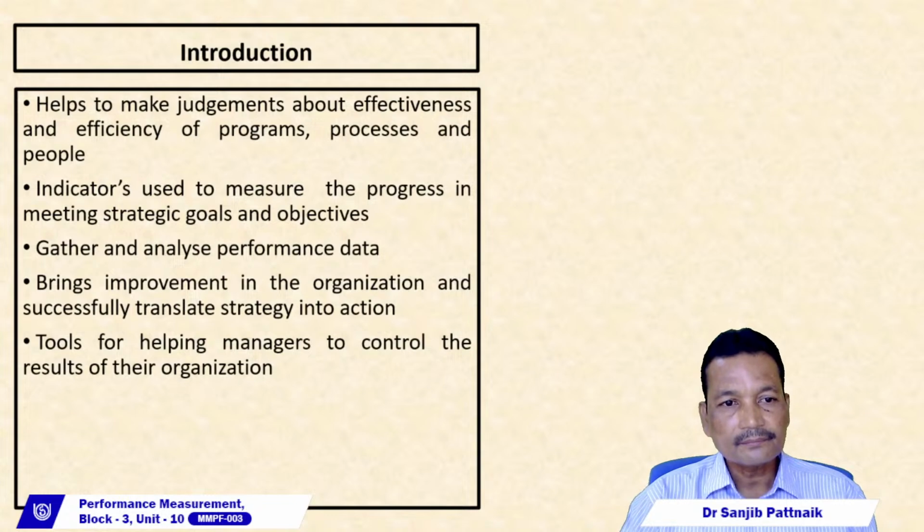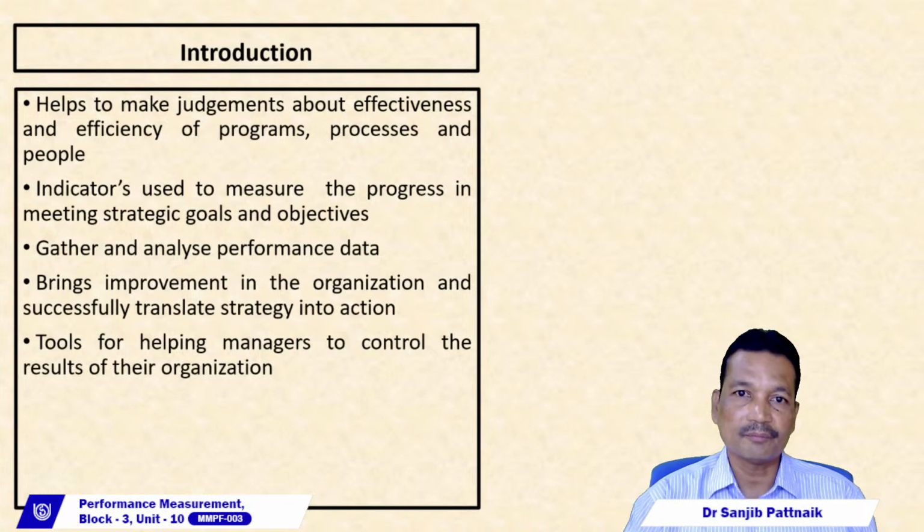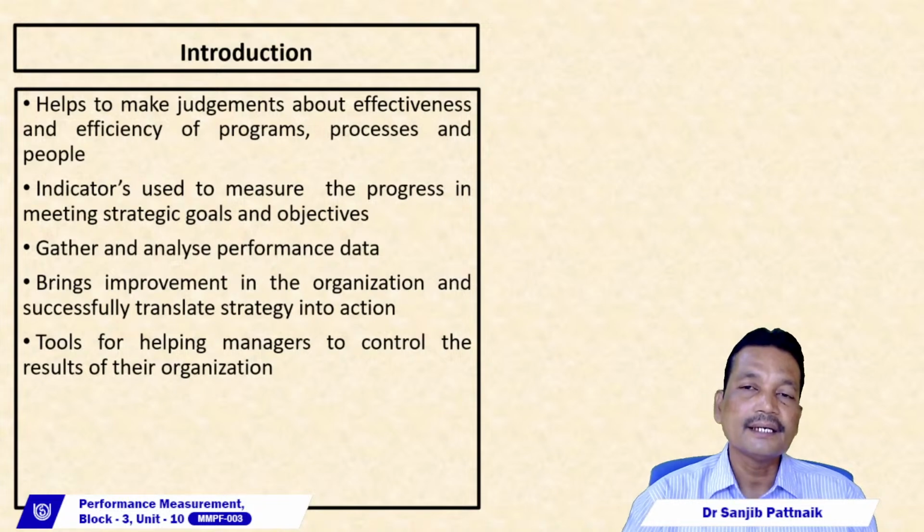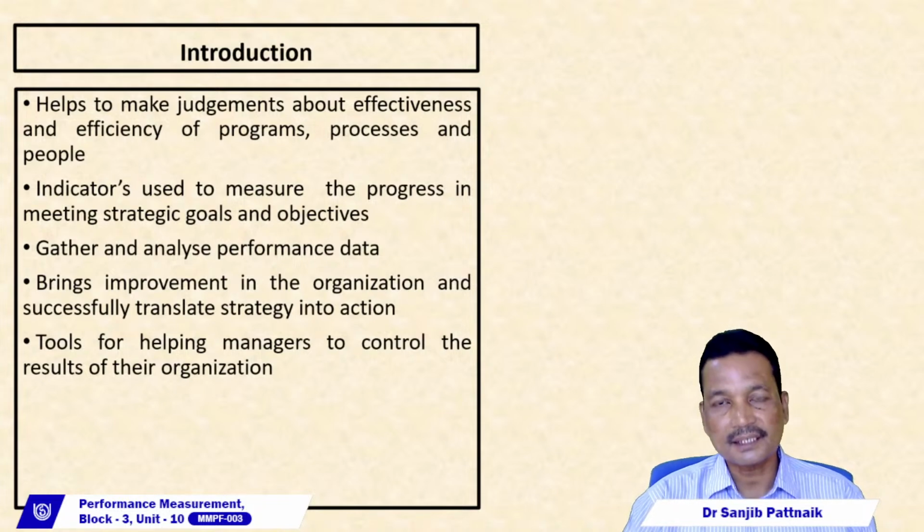Whatever data is there, we gather or collect it and analyze the performance. Analysis means: what is our performance? Is it lagging behind? Is it up to the set standards, or is it going above the standards, working better than the standards?